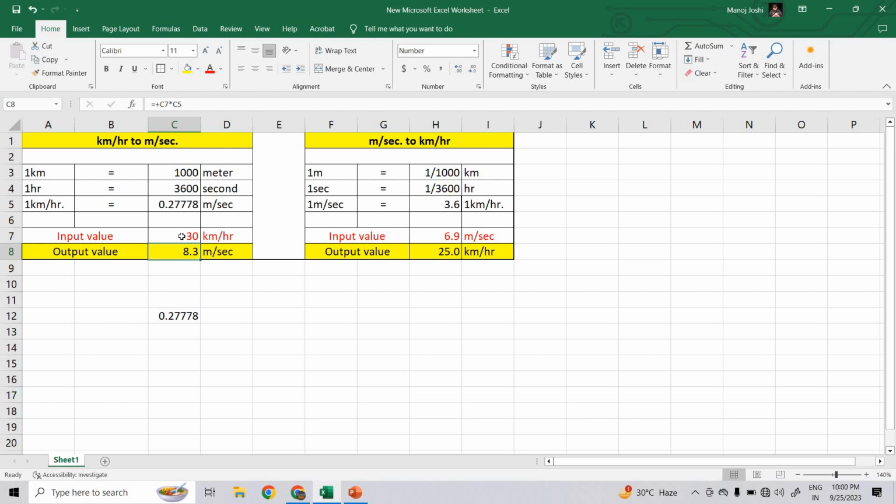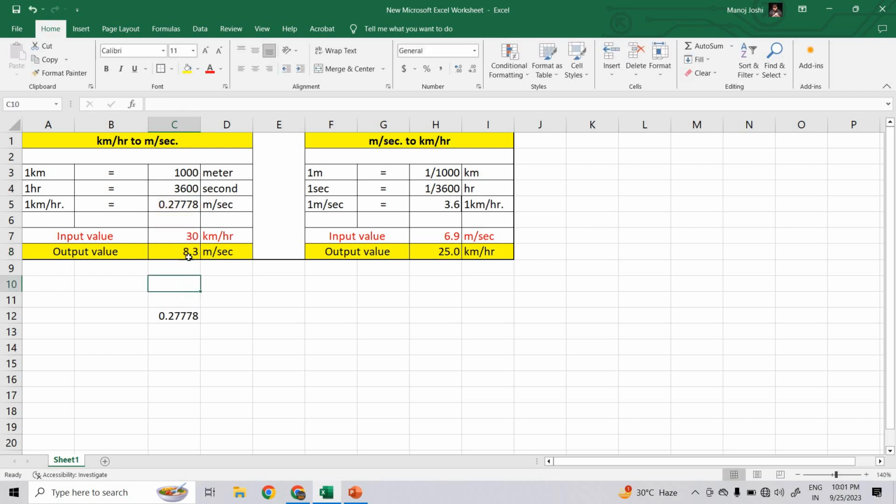So when I multiply kilometer per hour with 0.277, I will find the value in meter per second, same as we have seen in the sheet. If you double click here, you will find C7, that is this input value, into C5 conversion, that is 0.2777. Got my point?